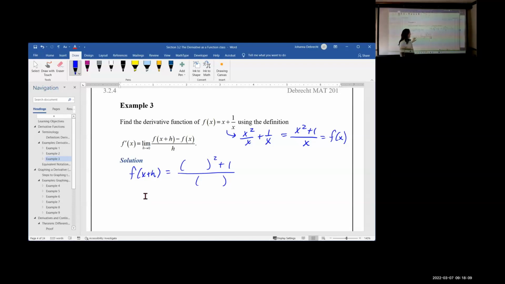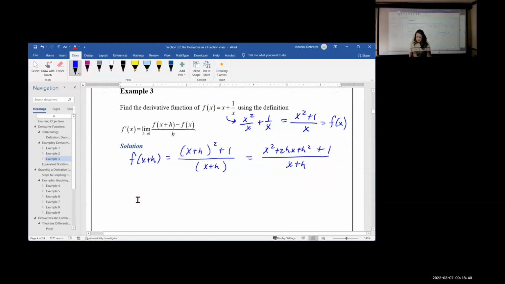And we're going to put x plus h into the holes. So this is going to give me x squared plus 2hx plus h squared plus 1 over x plus h. Nothing can cancel because the x plus h is joined together with addition. And so either all of it goes together as a group or none of it goes.